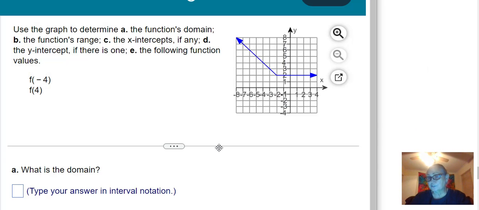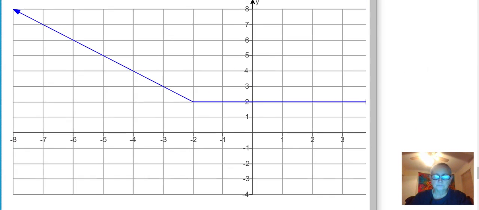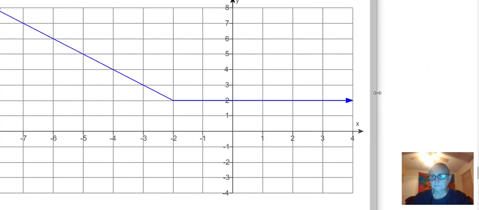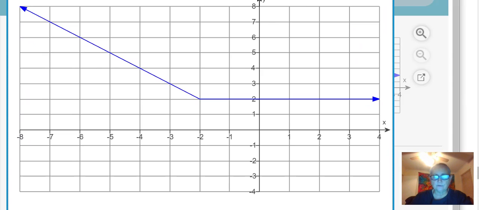Okay, last question. Use the graph to determine the function's domain, its range, its x-intercepts, its y-intercepts, and these function values. So again, now look at this graph. Put it where you can see it. There we go.